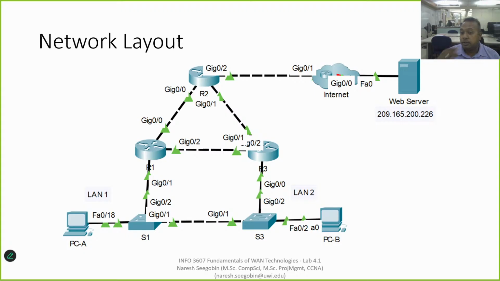So when you're doing assignment 1, yeah, I expect labels, right? Group project, same thing. For the lab exam, not a problem. You don't have to label, you just have to get the thing working. But for troubleshooting, you need the labels. So gig 0/1 to gig 0/2. Let's verify that.